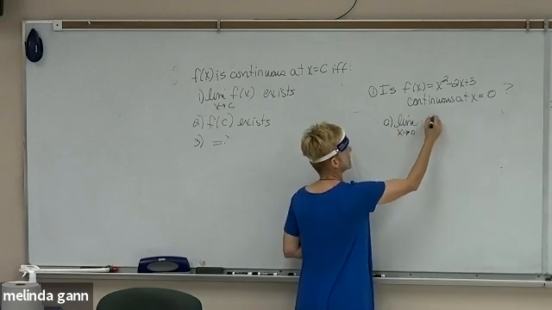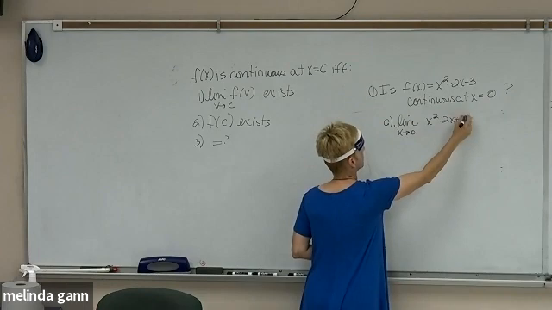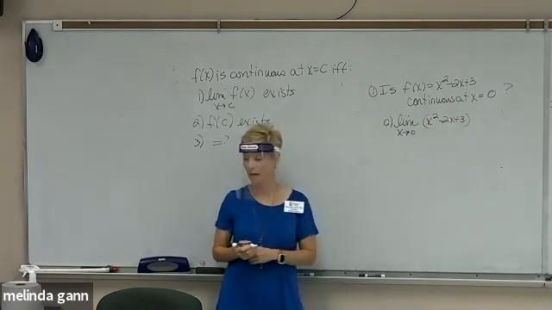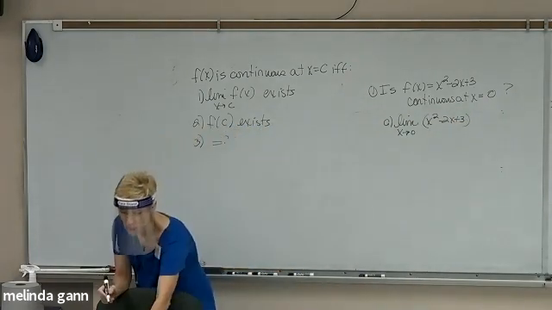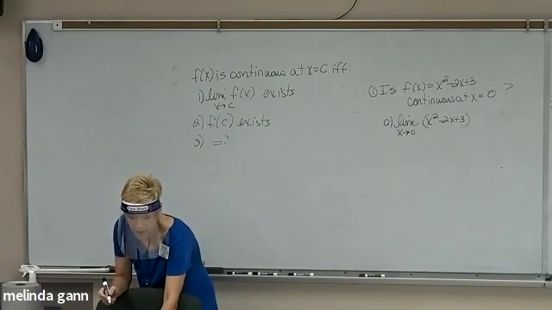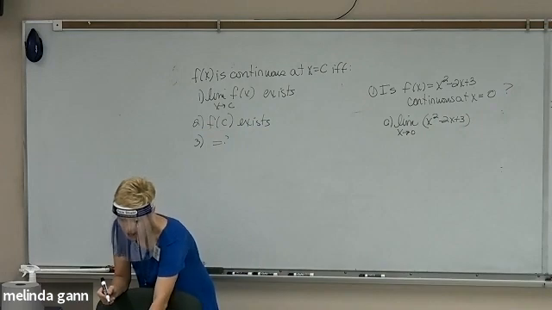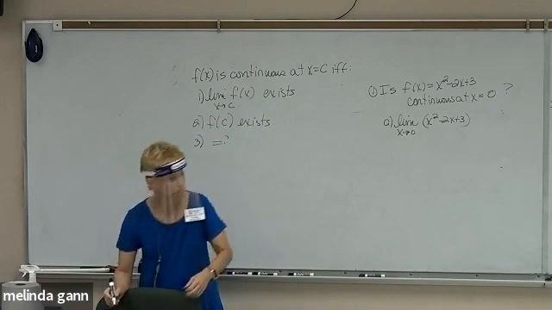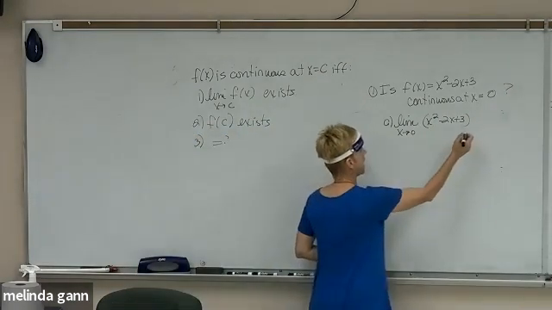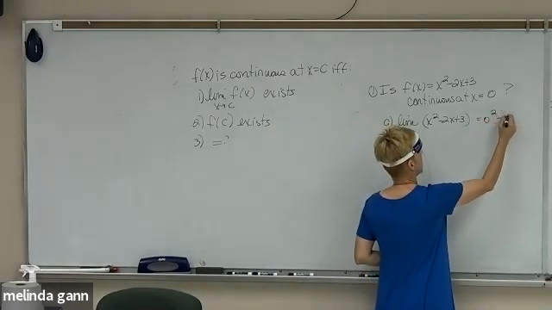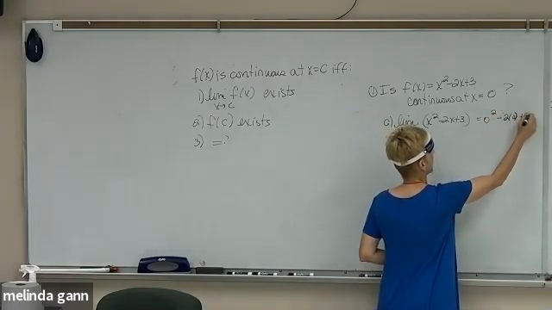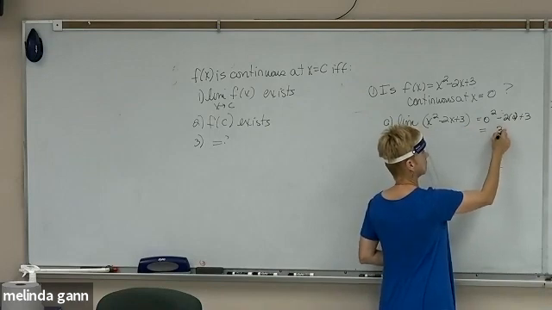So my function is x squared minus 2x plus 3. Now, isn't that a polynomial? So what do you know that you can do with a polynomial when you've got a limit? You can just do what with it? Plug it in and go. So I'm going to have 0 squared minus 2 times 0 plus 3, which is what? 3.